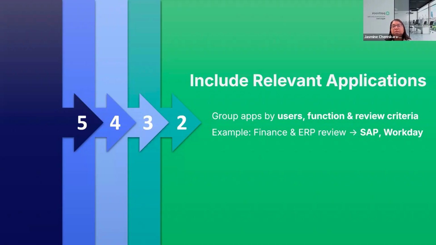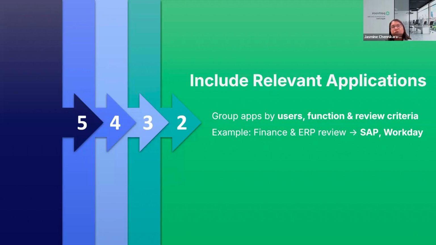So for example, think about your finance team. They're probably using SAP ERP, Workday, and maybe even some other tools, maybe even some legacy or custom tools. So rather than reviewing each application separately, you can group them into a single campaign. Let's call it Finance and ERP Access Review Campaign. And in that campaign, you've scoped the same users, and so you can evaluate them against the same or consistent review criteria.